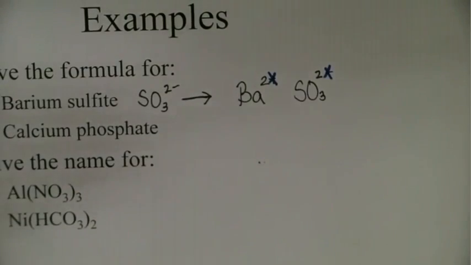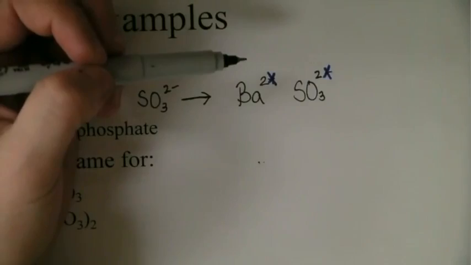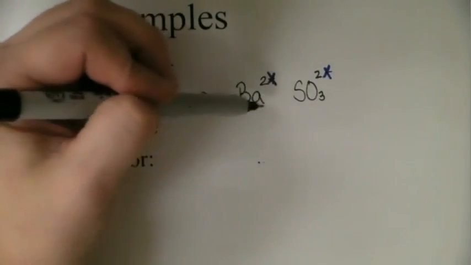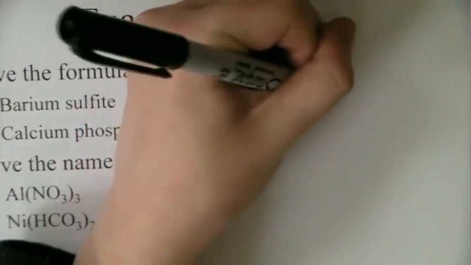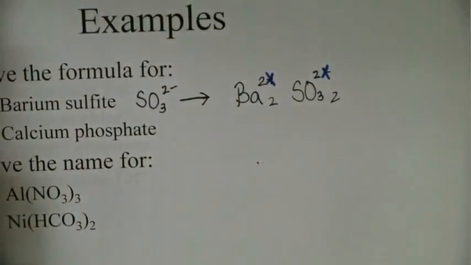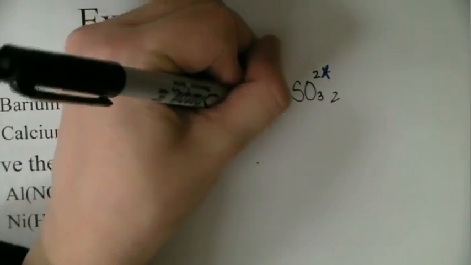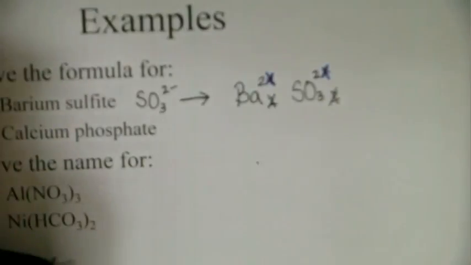Hopefully you're saying right now, but Miss Piero, they're both 2s, which means they're going to cancel each other out. And I would say, oh my gosh, you guys are so smart. That's exactly what's going to happen. The rules don't change. Remember, if we were to cross these, we would end up with Ba2 and then SO3 2. But we know that when they are the same number, they simplify.